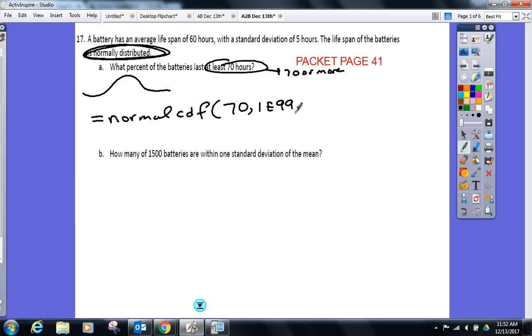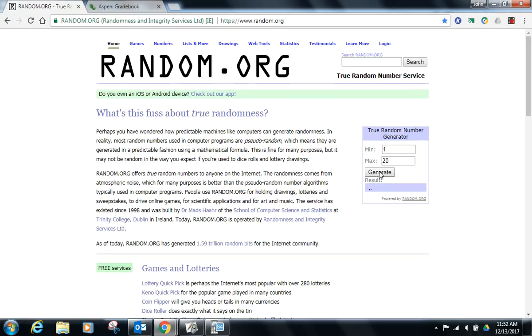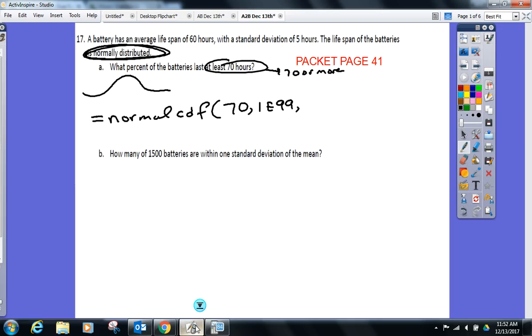What's that little U mean for us? Mean, what is it? Remember, another name is the average. 60, and then standard deviation 5. Okay?